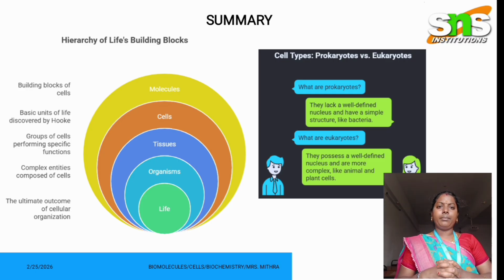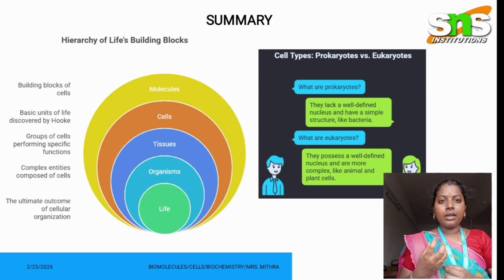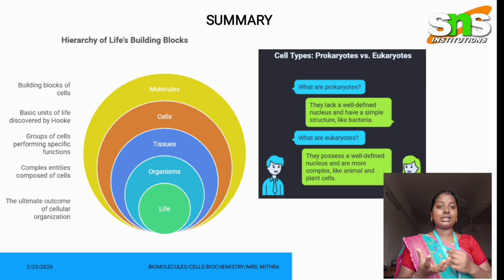And coming to the summary, we have the flow chart in human life. The cell exists as the basic structural and functional unit, and the life of a human being comes from molecules and atoms. Several atoms combine together to form molecules, which are the building blocks of cells, and several molecules combine to form cells.